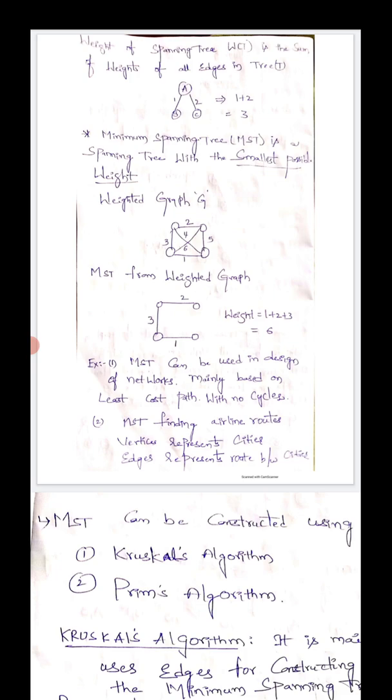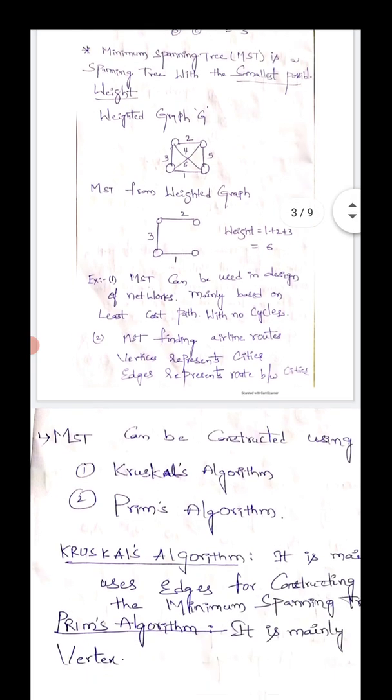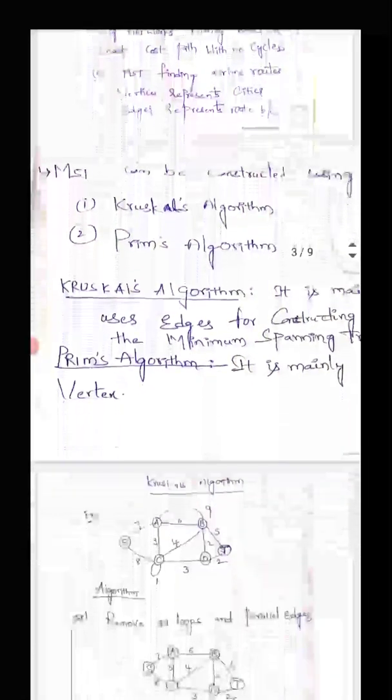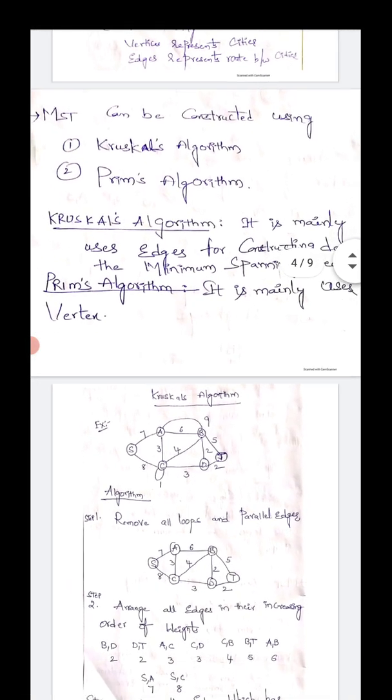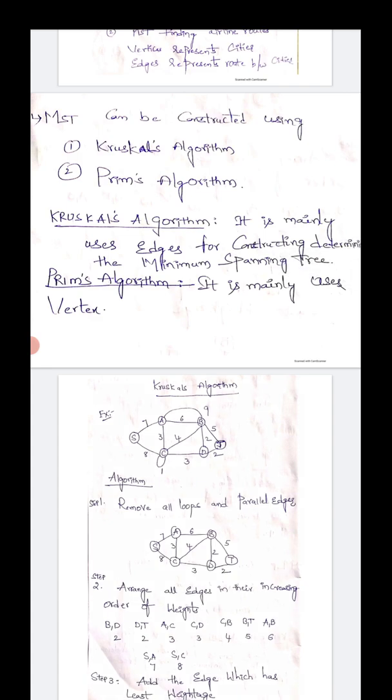A minimum spanning tree can be constructed using two algorithms. The first is Kruskal's algorithm, and the second is Prim's algorithm. Kruskal's algorithm mainly uses edges for constructing the minimum spanning tree. Listen carefully, it mainly uses edges.